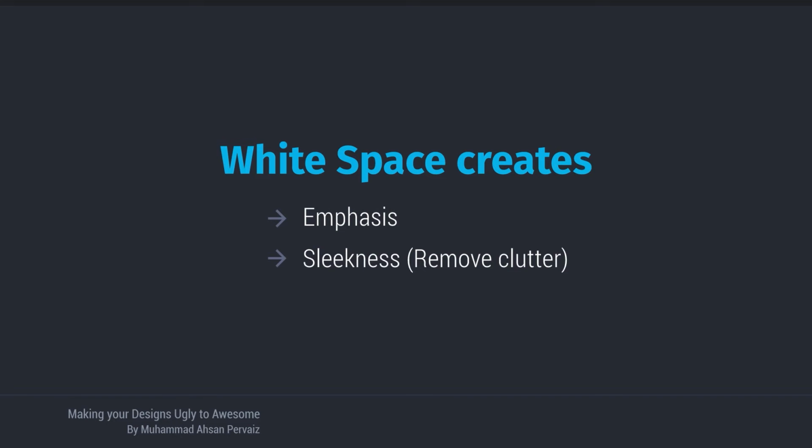The second thing is that it produces an effect of sleekness and clean design, and it removes clutter. I have seen a lot of designers, mostly beginners, who just put text and different elements randomly on their artboard, and they don't know how to balance the spacing between different elements.